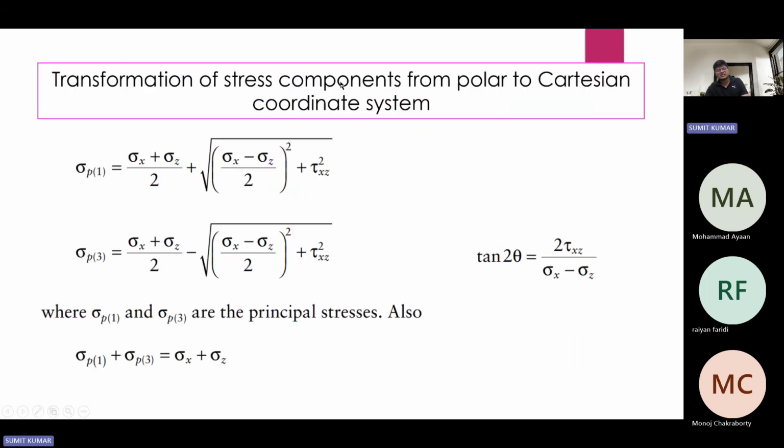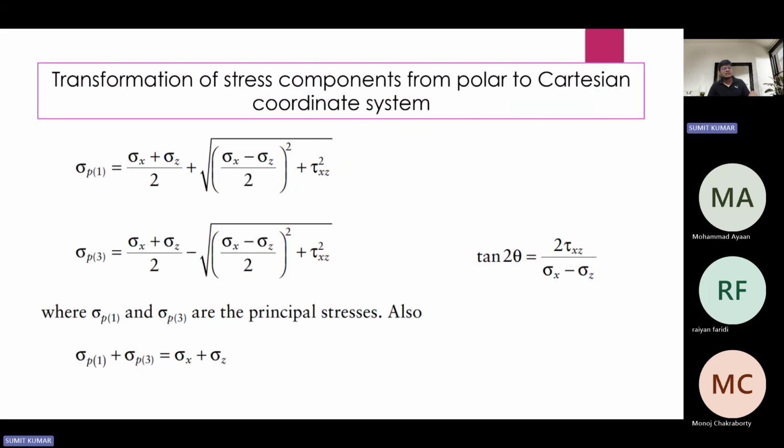Now you can see some other relations by which we could calculate the principal stresses like sigma 1 and sigma 3. If you remember earlier, we mentioned that sigma x, sigma z and tau xz remain there when we converted from the three-dimensional to the two-dimensional plane for better understanding of the subject.